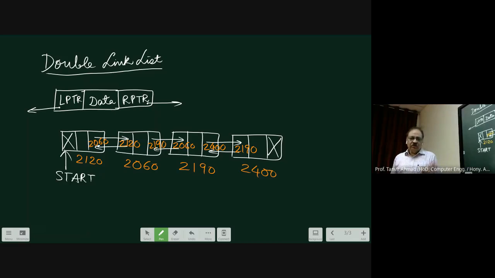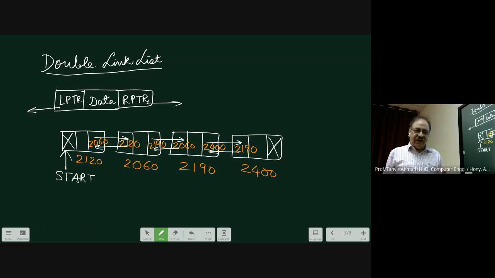Actually, the problem is the same as before, except that to create a double linked list you first bring one node from the avail, call it temp, put null at the left, null at the right, put some data, and that becomes the first node.